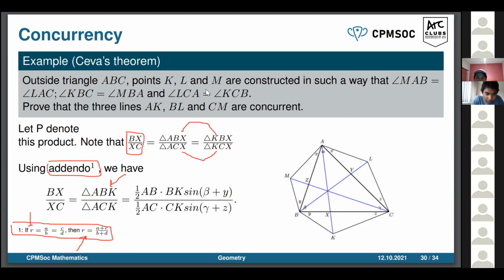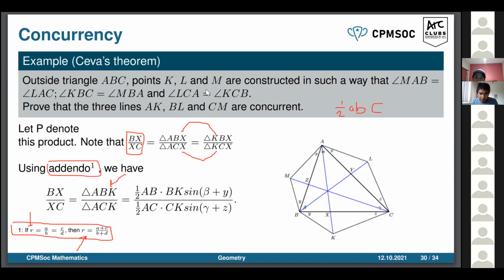Now for the area of ABK, you can use the trigonometric formula. If you recall from high school trigonometry, half AB sin C is one formula for the area of a triangle.